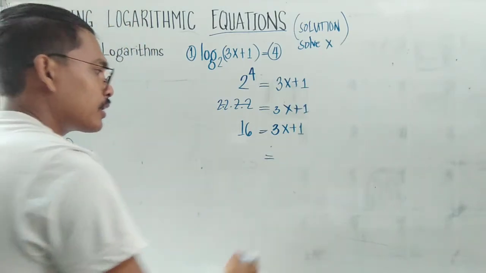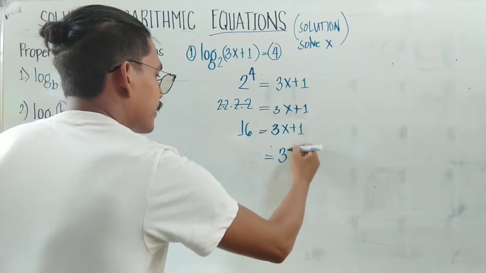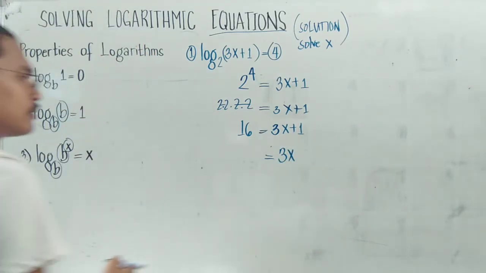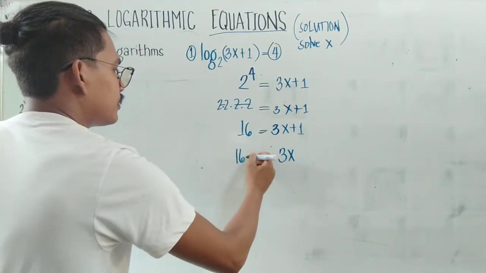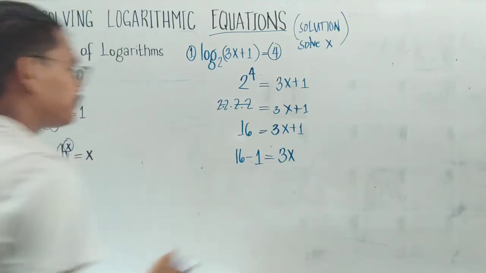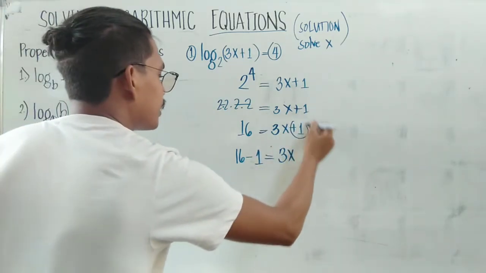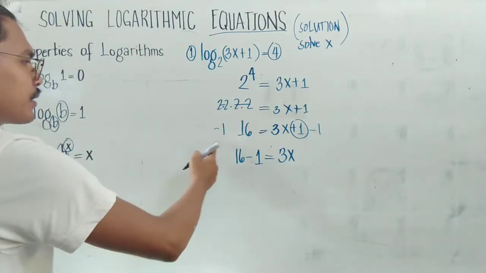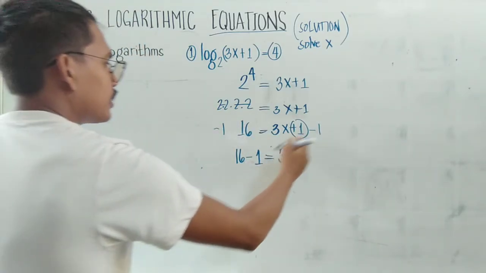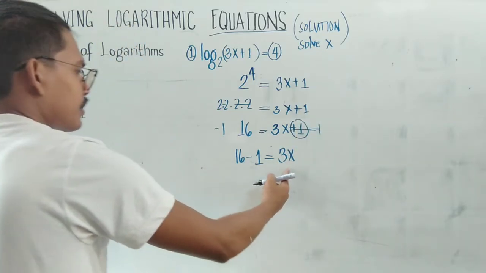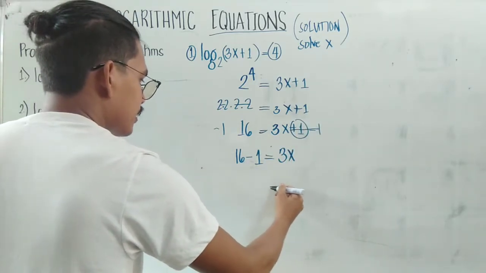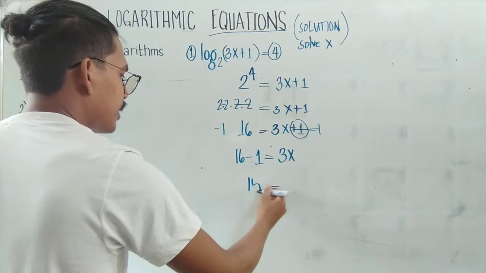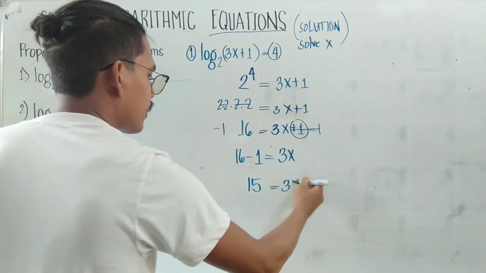Then combine like terms, isolating the term with the x value. So we have 16 minus 1. To eliminate positive 1 in here, we should subtract 1 on both sides. So therefore 16 minus 1, and positive 1 is eliminated. So we have 15 equals 3x.